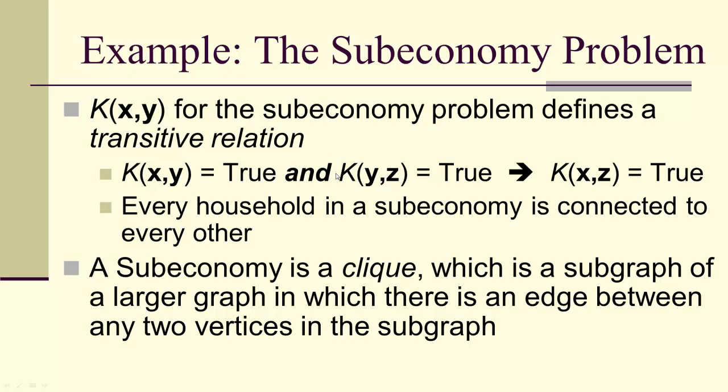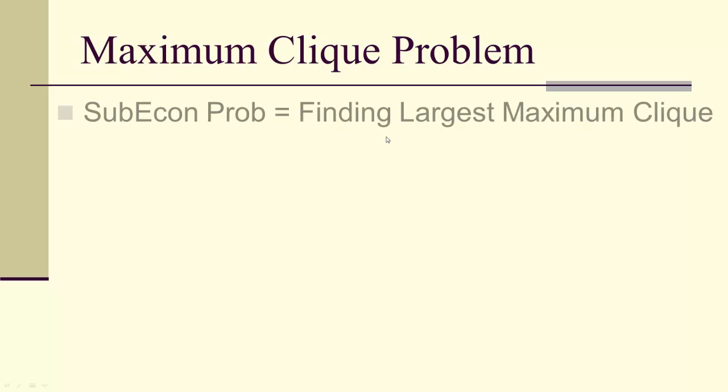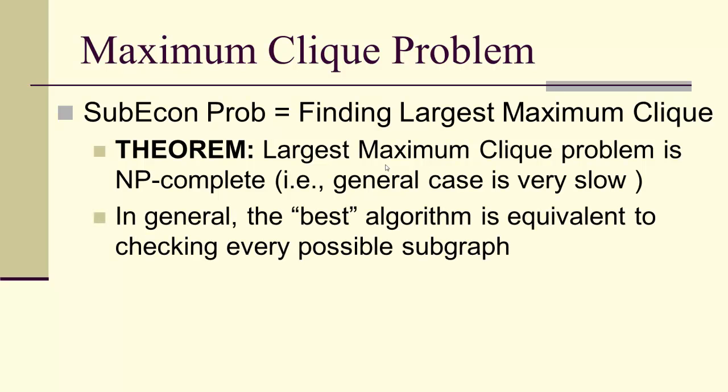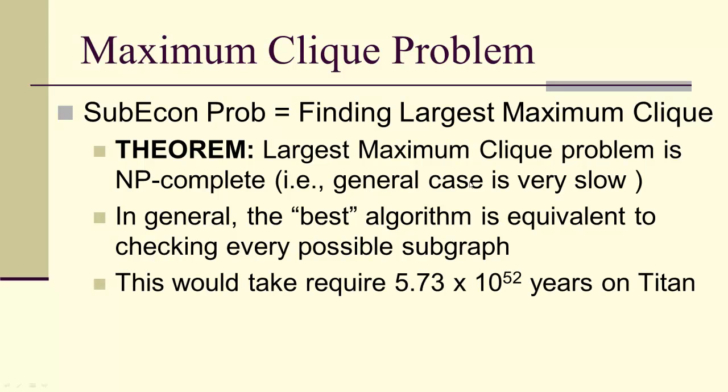So we could have approached this as a maximum clique problem. So the subeconomy problem could have been to find the largest maximum clique. But there's a theorem that says finding the largest maximum clique is NP complete. This in essence says that the best algorithm we know now, that's equivalent to all the other ones, is just to check every possible subgraph. And this is the algorithm, of course, that would take 10 to the 52nd years.